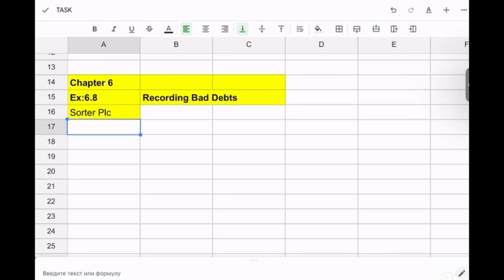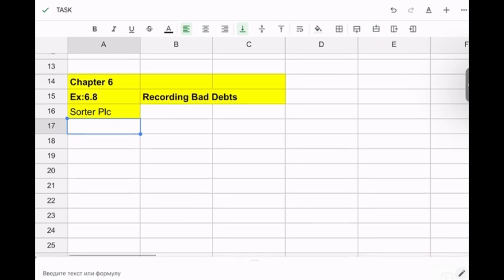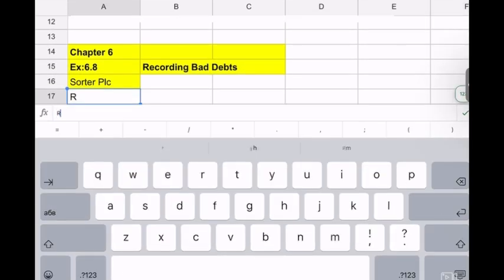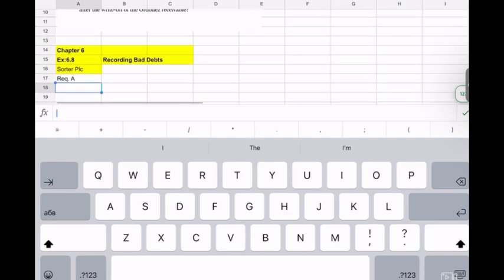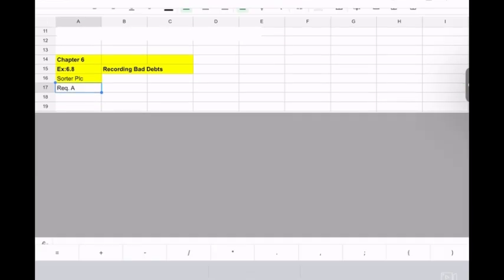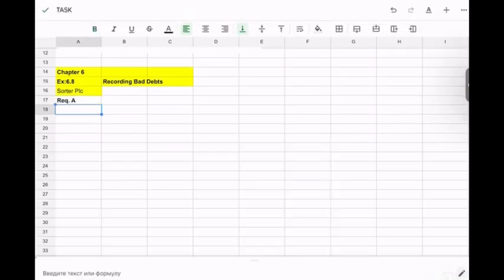But we also reduce the allowance for doubtful accounts, since that account was created exactly for this kind of loss. The write-off doesn't create a new expense. It just uses up part of this existing allowance.